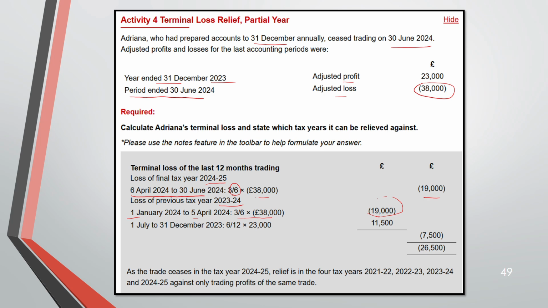Now, from 1st July to 31st December, 6 months, and it is for year ended 12 months. You have made a profit of 23. This 23 will adjust here now. So this 11,500.